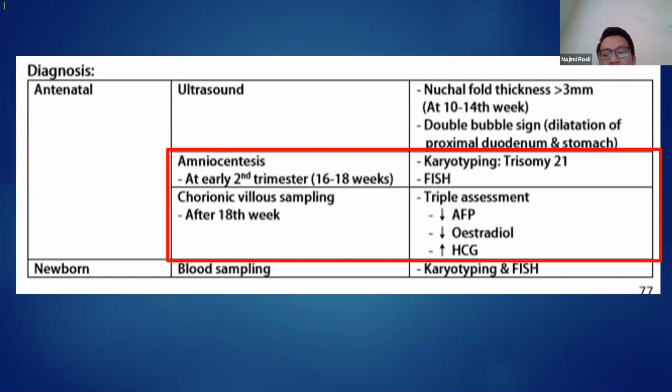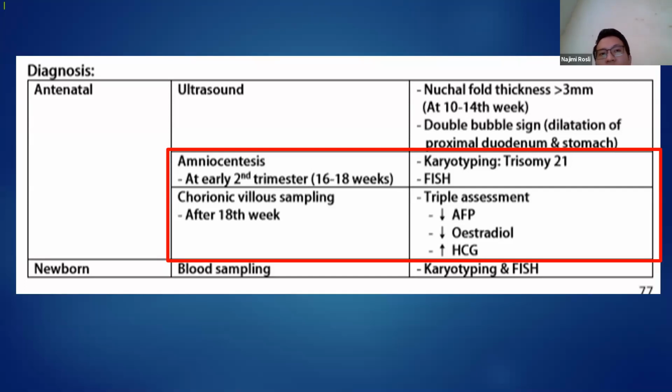And next is amniocentesis and chorionic villus sampling. If the blood test result is abnormal, we can proceed with the diagnostic tests, which are amniocentesis and chorionic villus sampling. Amniocentesis is usually done at 16 to 18 weeks, in the early second trimester. We use a needle to take fetal cells from the amniotic fluid.